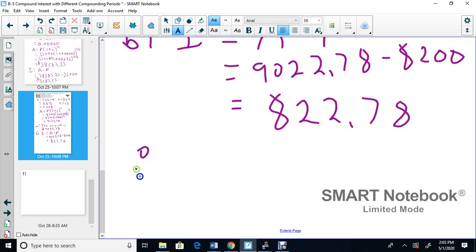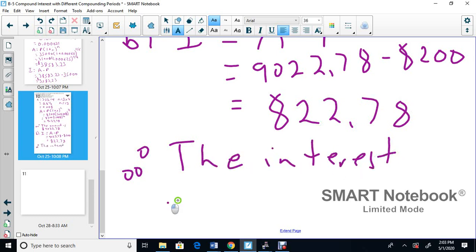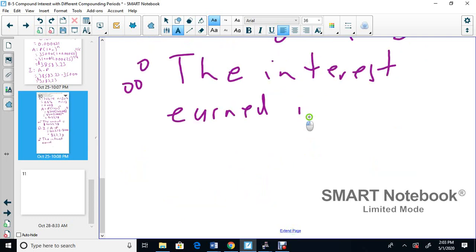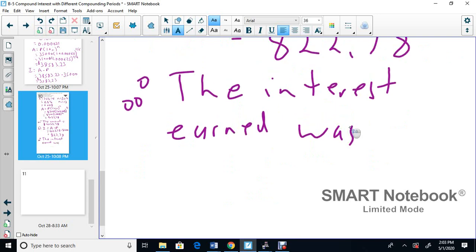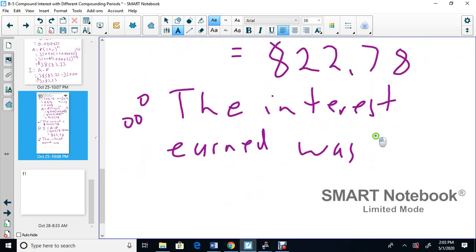So therefore, it's a word problem. Need a sentence. The interest earned, or you can put the girl's name, was, you can put Ashley instead, 822.78.